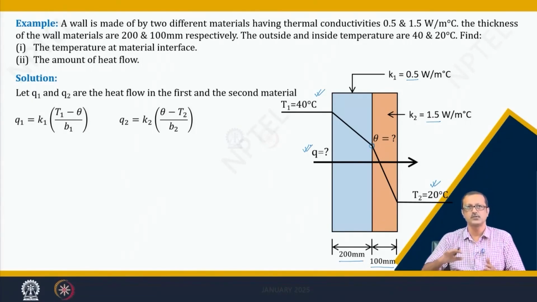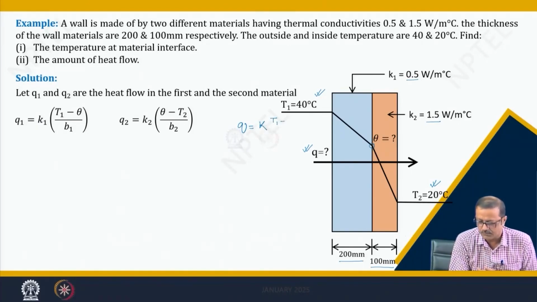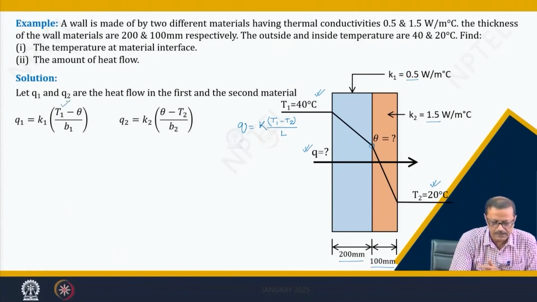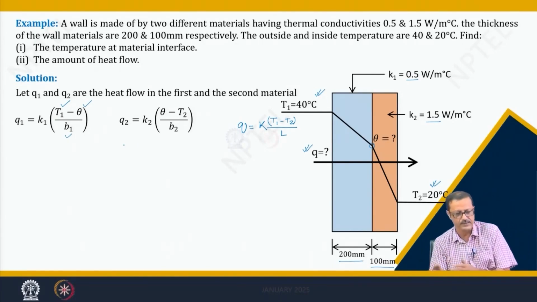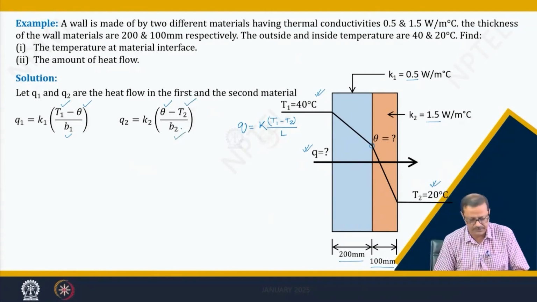By virtue of the continuity equation, if Q1 is the flux through the first layer, I have written T1 minus theta by B1, where B1 replaces L. If you remember, the equation is Q equals K times T1 minus T2 by L. Here the first layer, the right hand side layer, has T1 on one side and theta at the junction, with thickness B1, and the second layer, the left side layer, has theta and T2 with a different thickness B2.